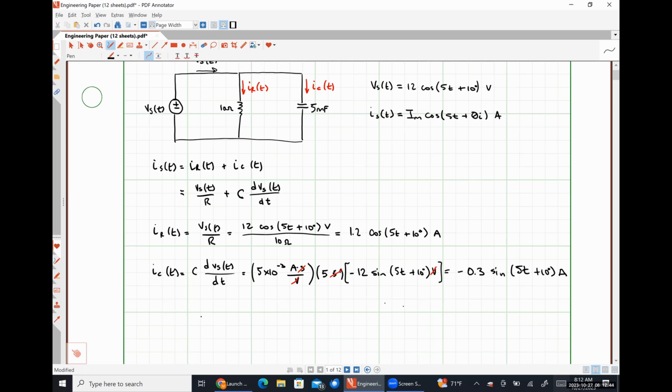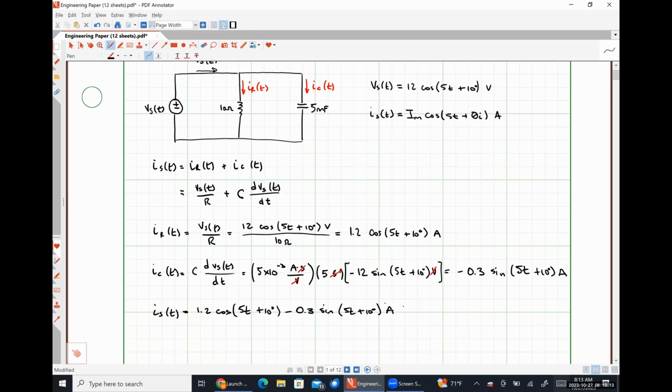So circling back around, this means that Is of t is 1.2 cosine 5t plus 10 degrees minus 0.3 sine 5t plus 10 degrees amps.